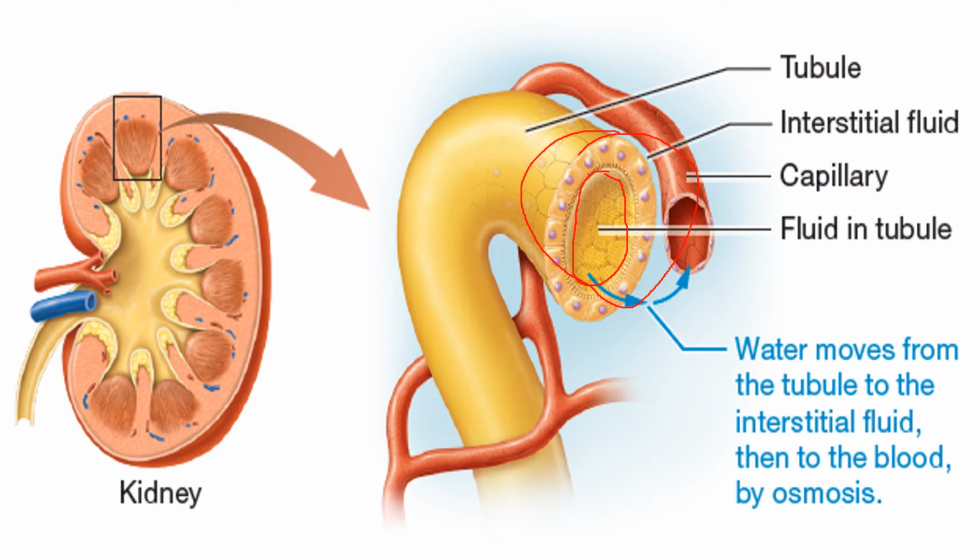Now, in the presence of ADH, those aquaporins are going to open up in these cells, allowing water to pass through from this fluid in the tubule out into the interstitial fluid here, and then into the capillaries eventually here. So that's just pulling water out of what would be the urine and then back into the blood. It's a process of resorption, basically.